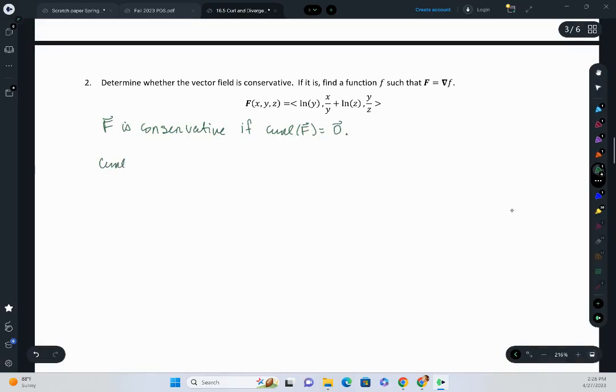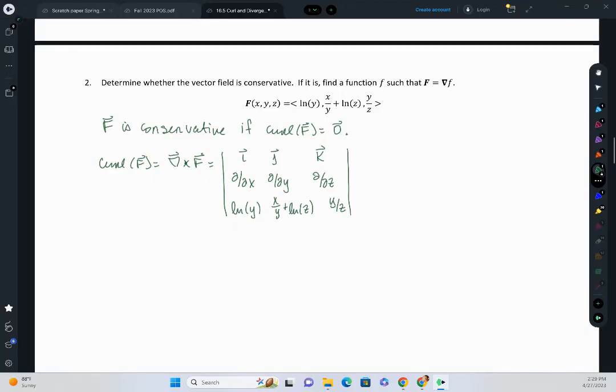Curl of f is equal to that upside down triangle crossed with f, which is going to be our 3 by 3 determinant, i, j, and k, del del x, del del y, del del z, and then my components are ln of y, x over y plus ln of z, and then y over z. Okay, so the hope is that we get back 0, 0, 0.